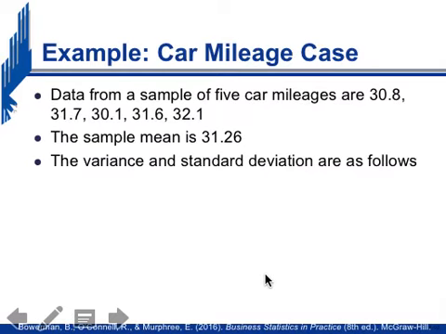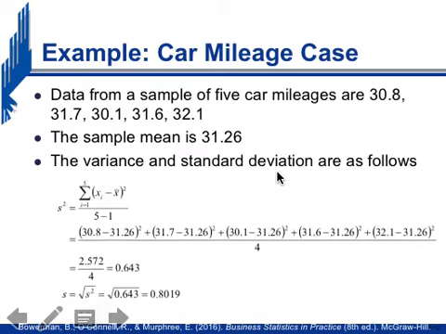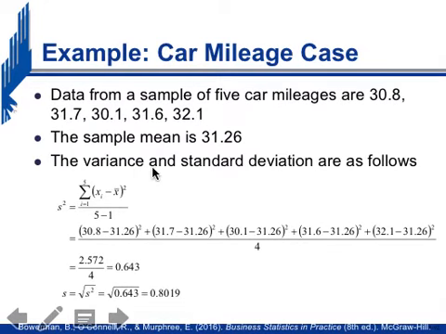Now, in the car mileage case example, the dataset again comes from a sample, so the formulas will be slightly different. Now, to compute for the variance in the standard deviation, we need to compute for the mean first. So again, the sample contains 5 measurements, so the sample mean is 31.26. And computing for the sample variance in standard deviation using the correct formulas, we will get the following. So again, it's essentially the same process.